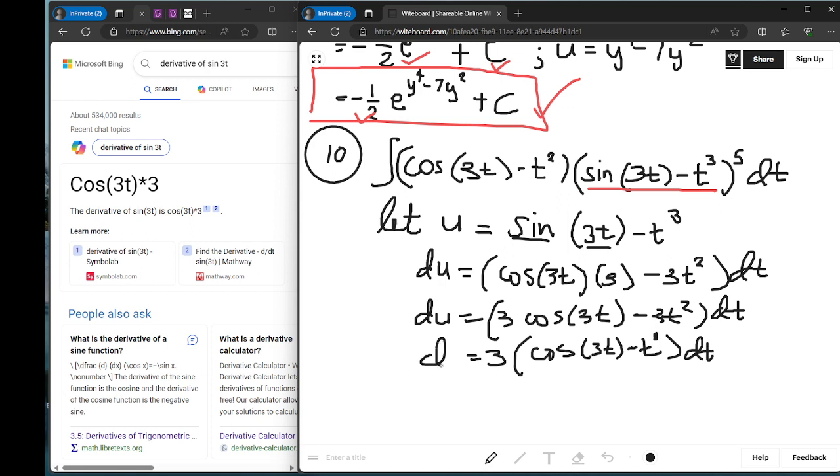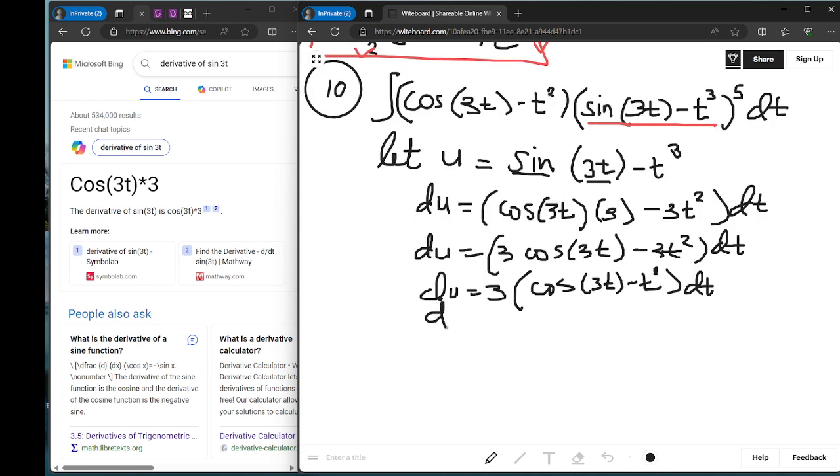Okay. Then du becomes du over 3, since what's given is only this: cosine 3t minus t squared dt. Let me rewrite it properly.